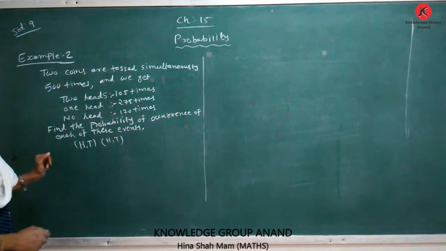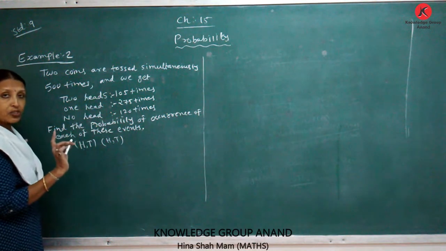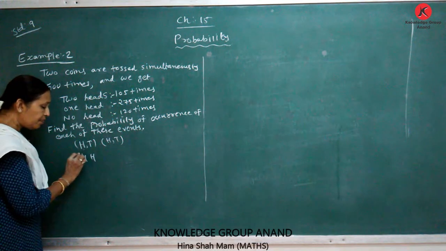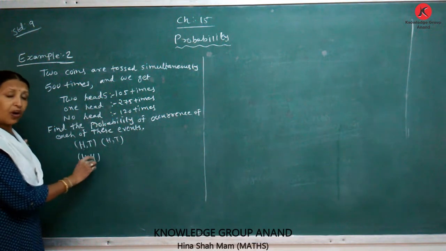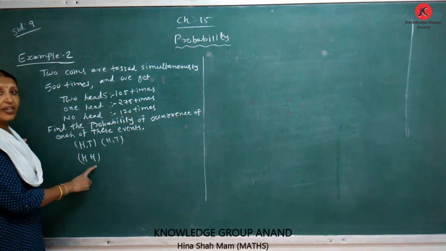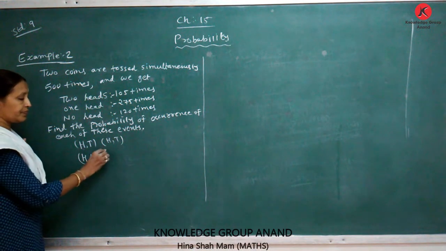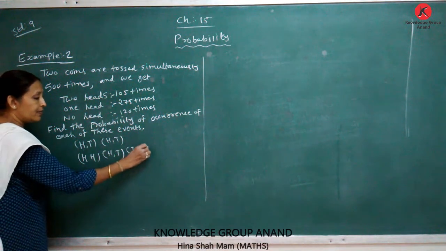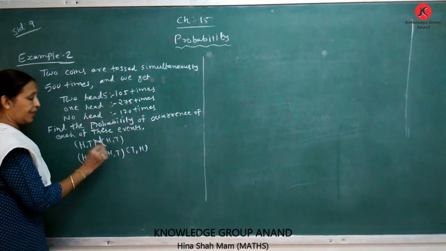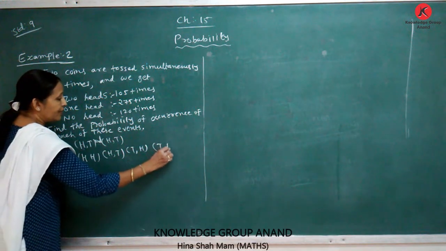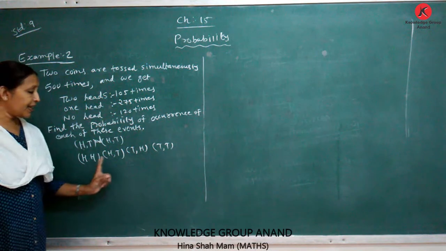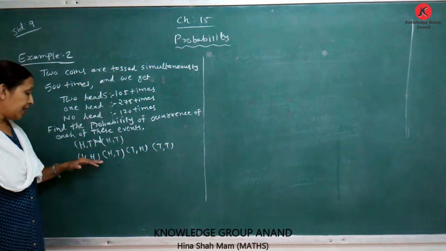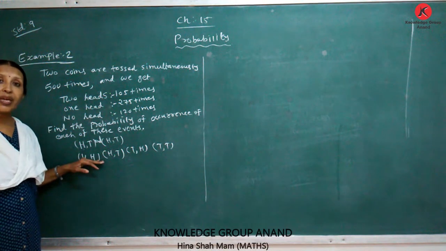Then we get 4 types of events: head and head, head and tail, tail and head, and tail and tail. In the first event we get 2 heads.